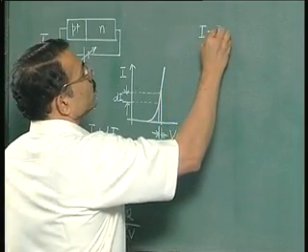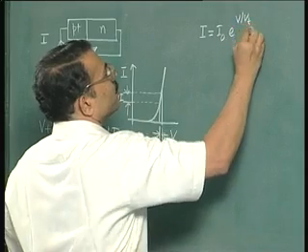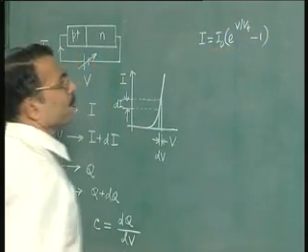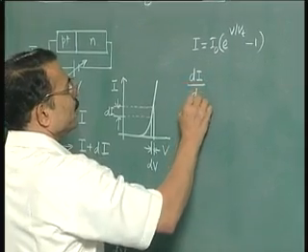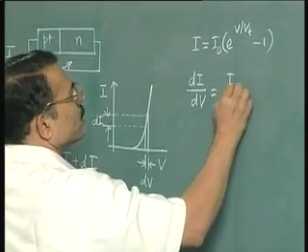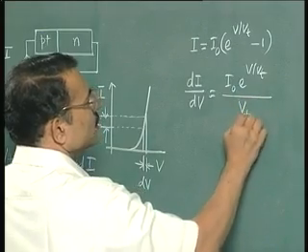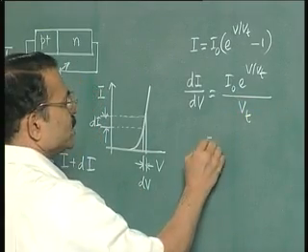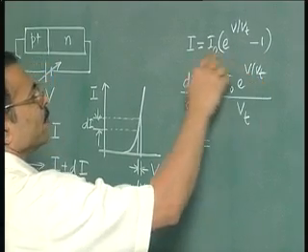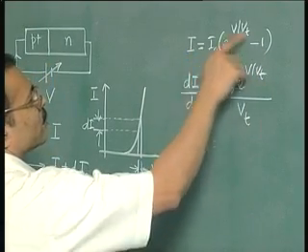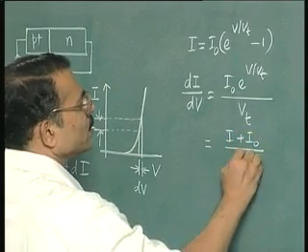I equal to I naught exponential of V by Vt minus 1. So differentiating this, we get dI by dV is equal to I naught exponential V by Vt upon Vt, which we can write as the numerator I naught exponential V by Vt is I plus I naught from this equation. So it is I plus I naught upon Vt.